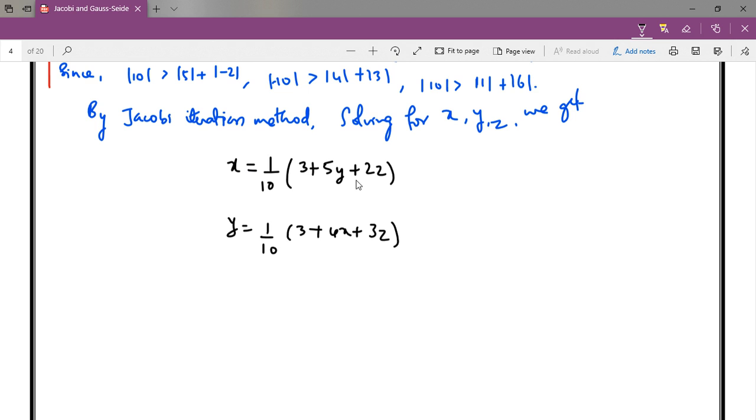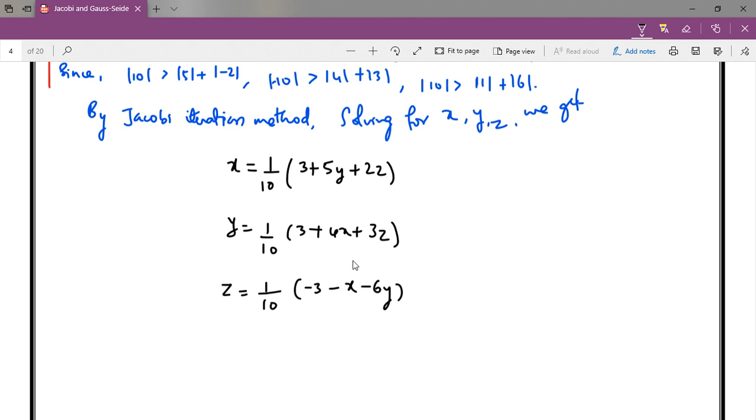See that when you take x on the LHS, there is no x in the RHS. If you take y on the LHS, there is no y in the RHS. You have to be very careful, so carefully solve for x, y, z. And solving for z using the third equation, we have z equal to 1 by 10 into minus 3 minus x minus 6y.